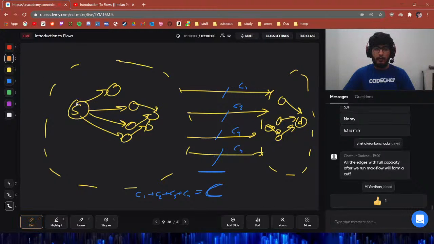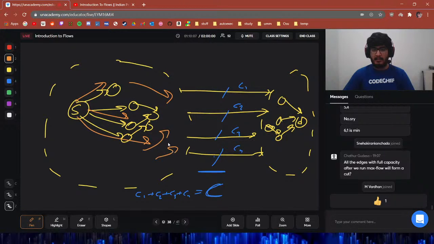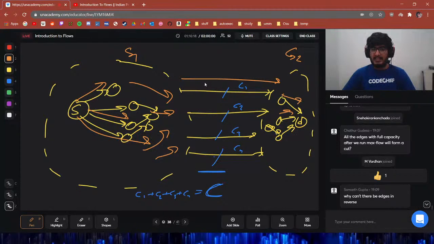Any flow that I'm going to have, let's say the flow is going something like this, whatever in this set, something weird. Finally, it's going to go from set S1 to S2, and then from S2 it's going to have some weird behavior and finally go to T. So it has to go through C1 with some value F1. It has to go through C2 with some value F2, here with value F3, and here with value F4.